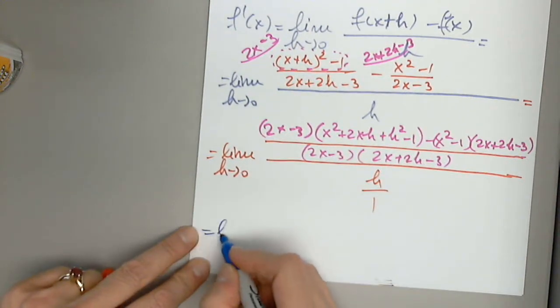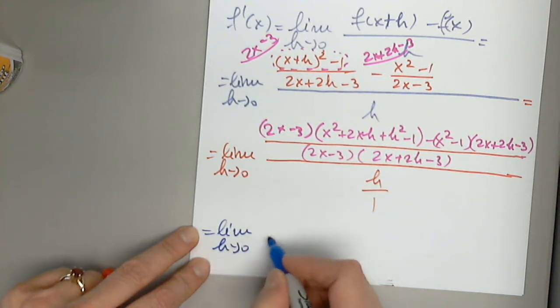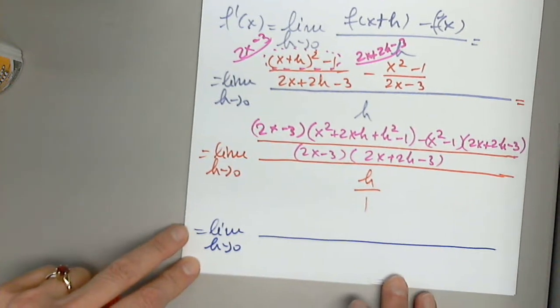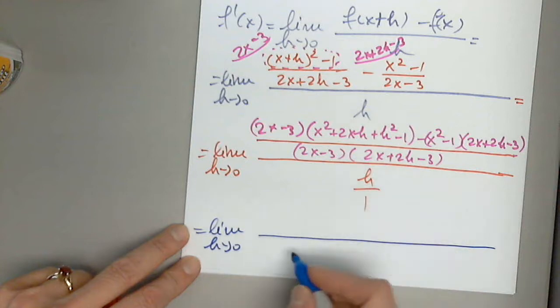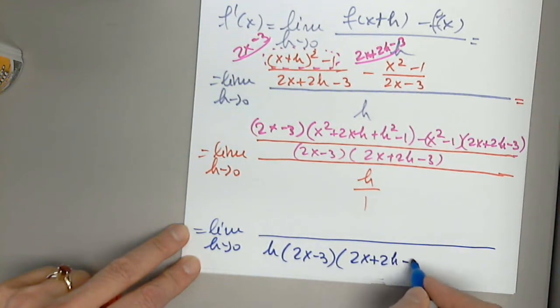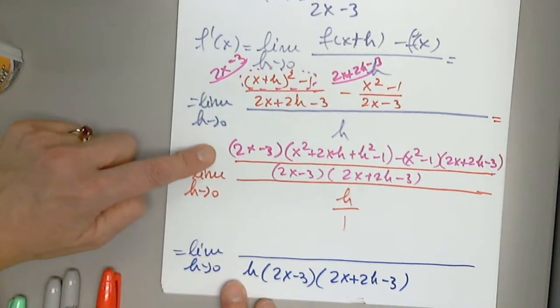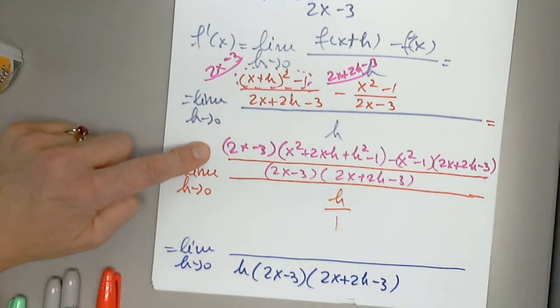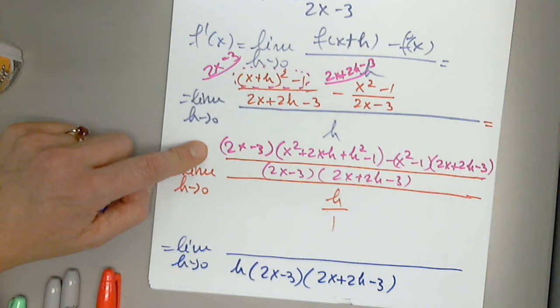So ready? As I said, this is a long process with this particular function. So I'm going to just flip. So h, 2x minus 3, 2x plus 2h minus 3. And now I'm trying to multiply all these, and hopefully all terms without h go. Yes, it's a long one because of the x squared.